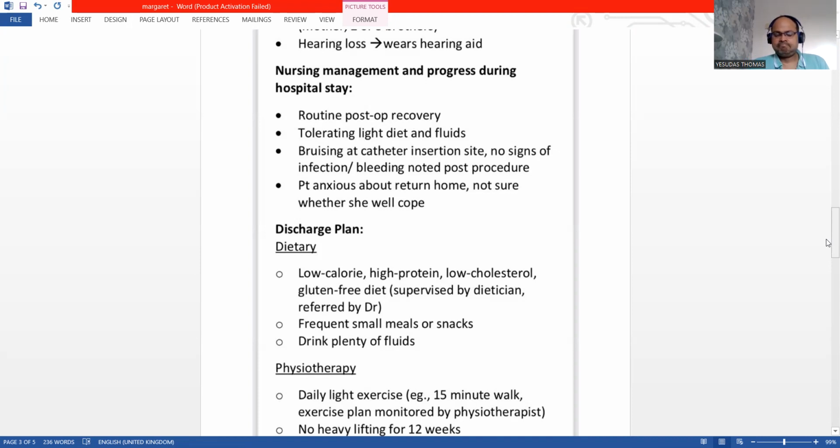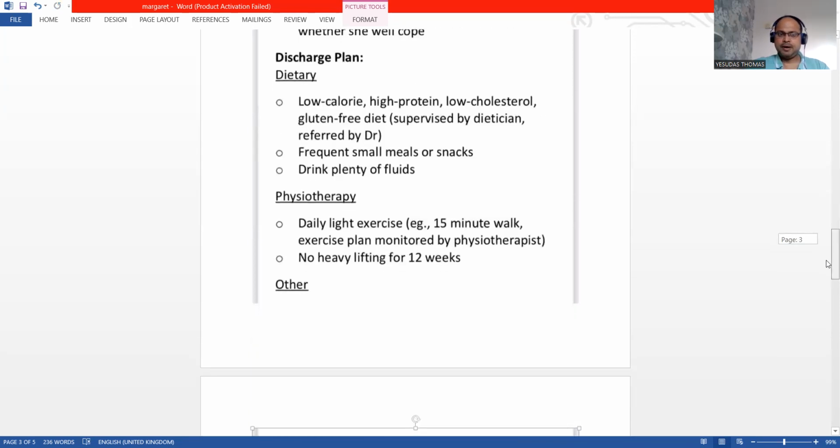So that's her condition. Post-operatively, she has no serious problems except the bruising at the insertion site. Now something relevant is coming here. That is this part, the discharge plan.